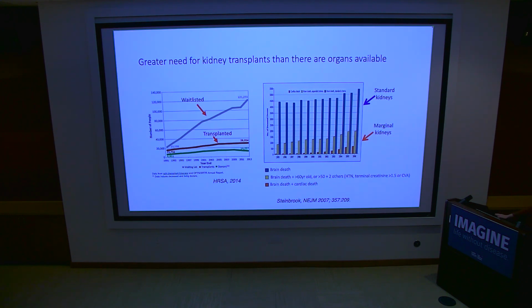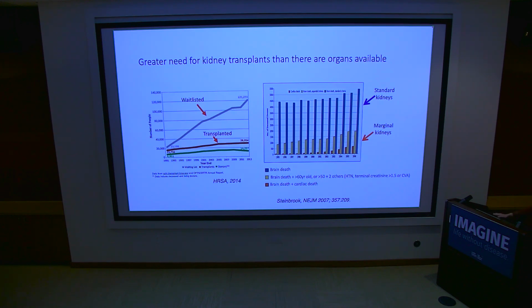Another category which is being used more and more frequently is donors whose heart stops after their brain dies. Normally those kidneys would have been discarded, but now more and more we're using them. And that seems to be an area where we can expand the potential number of donors.